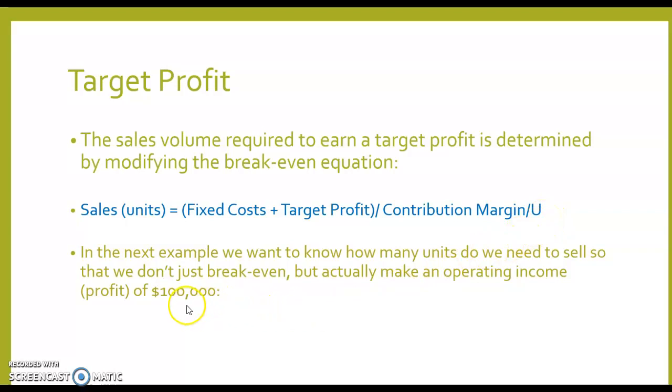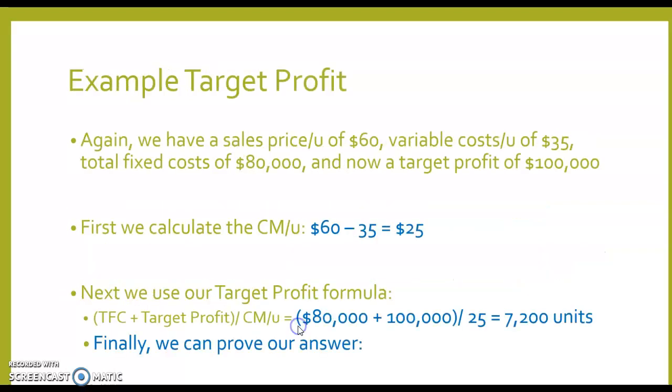Okay? Now let's say in this next example, we want to make an operating income profit of $100,000. So here again, we're using the sales price of 60, variable cost of 35, fixed cost of 80,000. But now we also have the target profit of 100. So first we calculate out the contribution margin per unit. 60 minus 35 is 25. Then we have our formula.